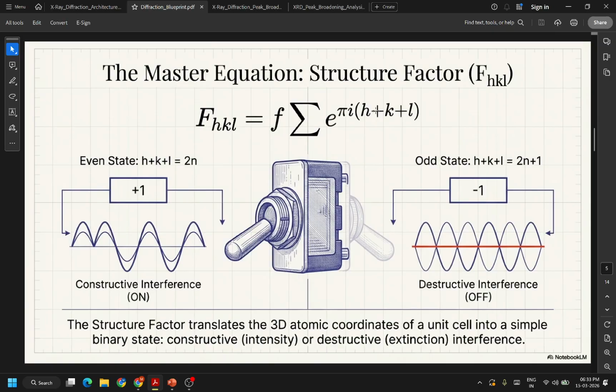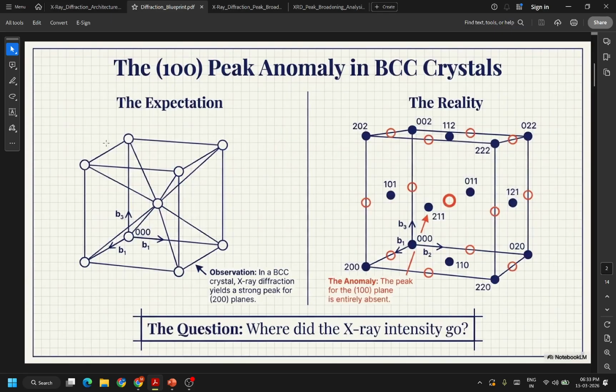So if you calculate for BCC, the cube formed by this origin atom does not contain this atom. So we take a second sublattice with this as origin, and the position for this would be half, half, half.